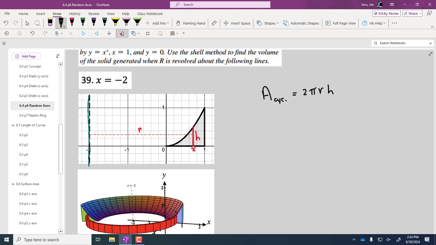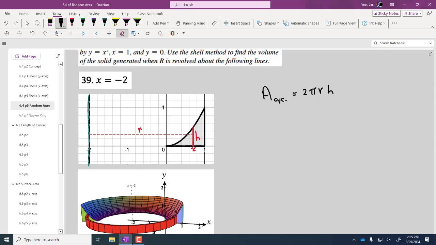Now, vertical element. So is our integration variable x or is our integration variable y? Are we going to use a dx or a dy? Dx. So you can think of that in a couple of ways. For some people, it's easiest to say, okay, well, I see this rectangle here. The thickness of it is dx.